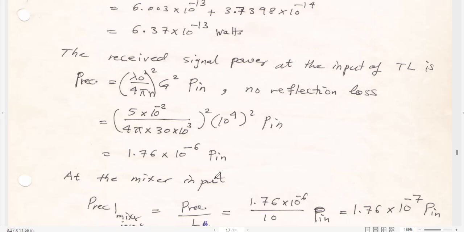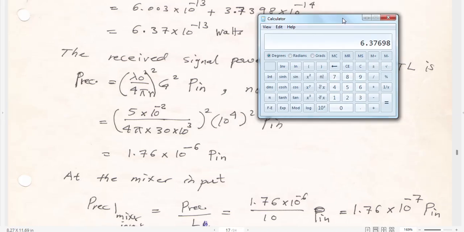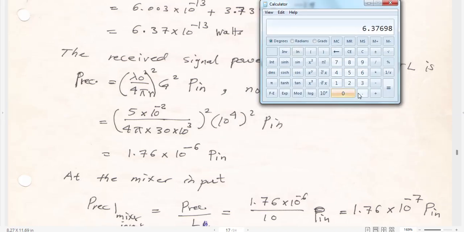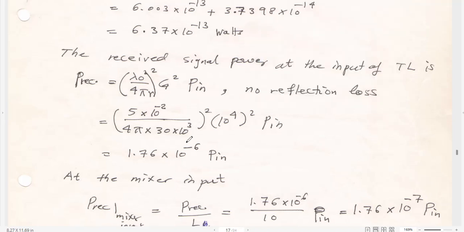If we calculate this, it is 0.05 divided by 4 pi times 3 times 10 to the 4, squared, times 10 to the 8, and this answer is 1.76 times 10 to the minus 6 times P input. This is P received.